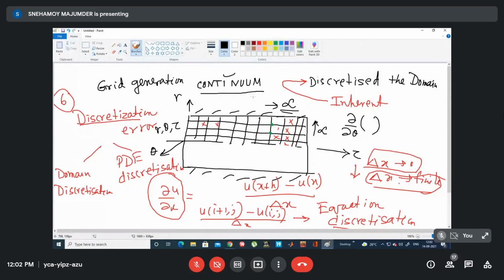If I want to make it continuum, infinity means very large, say 5,000 points along this, and here also 5,000 along this.